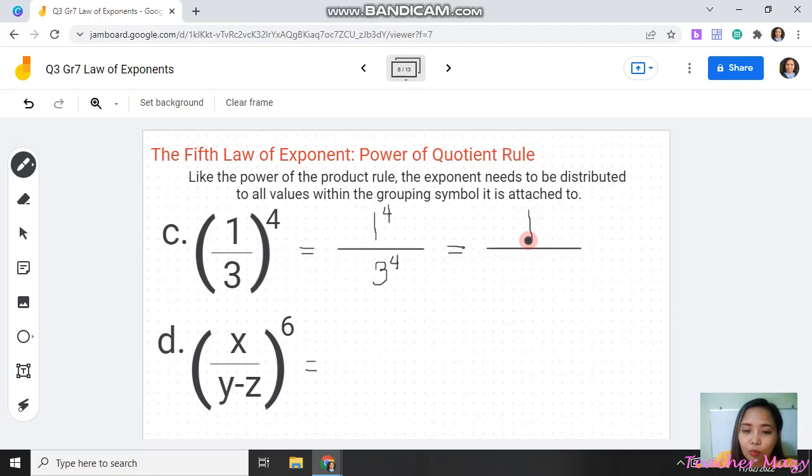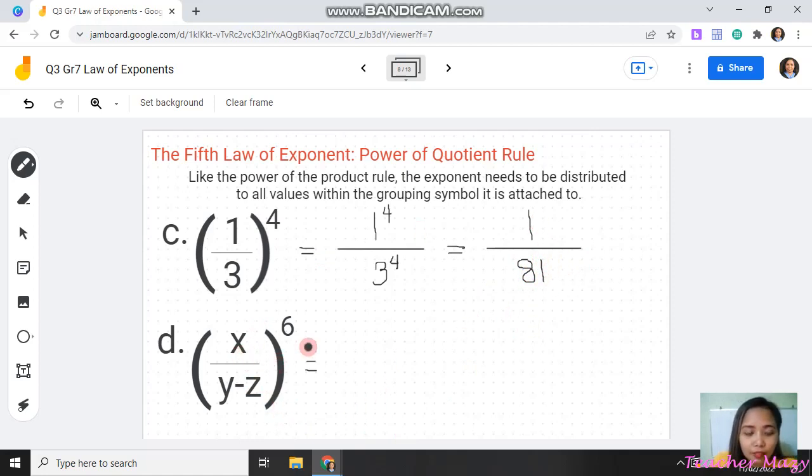That is equal to 1. So tandaan nyo kapag ang base is 1, kahit gaano pa kalaki yung exponent niya, that is always equal to 1. Okay, next is 3 raised to 4. 3 times 3 is equal to 9 times 3, 27 times 3, that is 81. So the answer is 1/81.